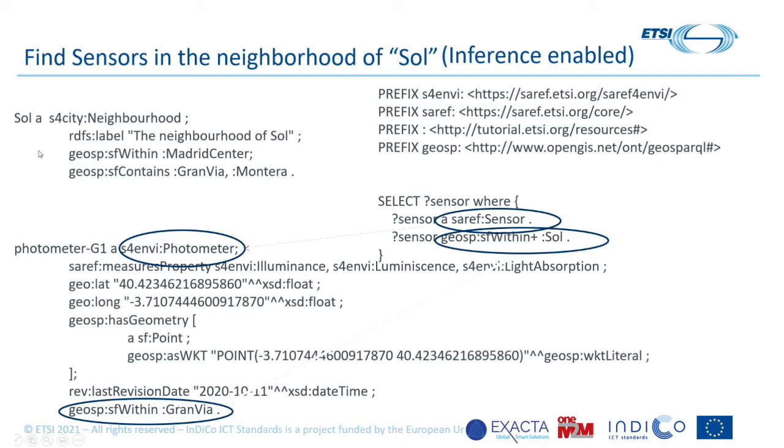In that semantic descriptor, I described this neighborhood named Seoul, and I said that this neighborhood Seoul contains the streets Grand Via and Montera. Also, what I have enabled in the semantics is the full SAREF ontologies.